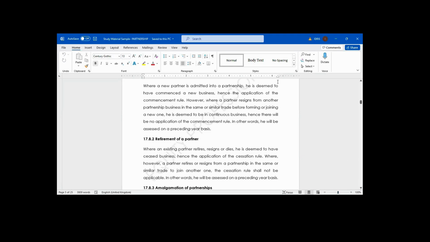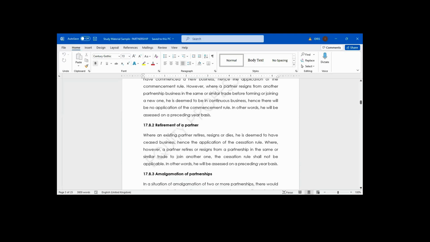Cessation rule will not apply to you in ABC. So that is on retirement of a partner.